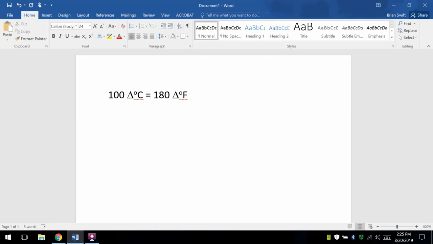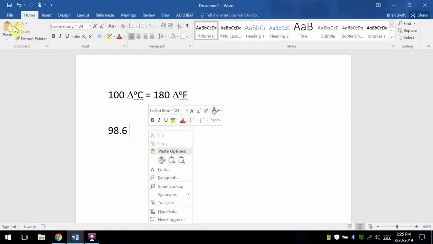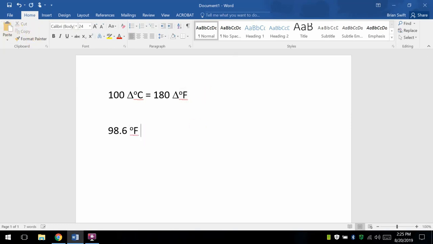And so the way we do this is we take, let's say that we've got a temperature, like human body temperature, 98.6. And let's capture this. Copy. Paste.